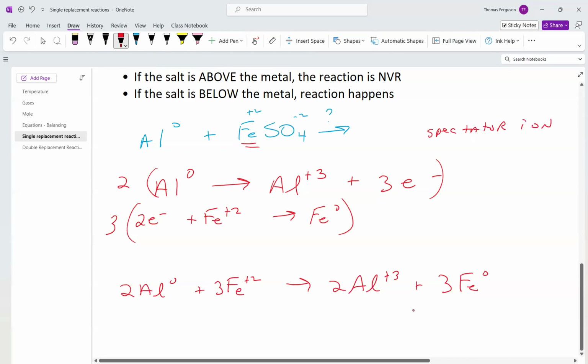spectator ion. Now, when I was at that baseball game last week, I was a spectator. Did I ever pick up a ball and hit it? No, I did nothing. So a spectator ion doesn't do anything either. It just kind of goes along for the ride. So the sulfate is the spectator ion here. So we need to put the sulfate back in. So that's going to pair up with the iron and the aluminum. Now the sulfate has a charge of -2. So it's going to be carried along.